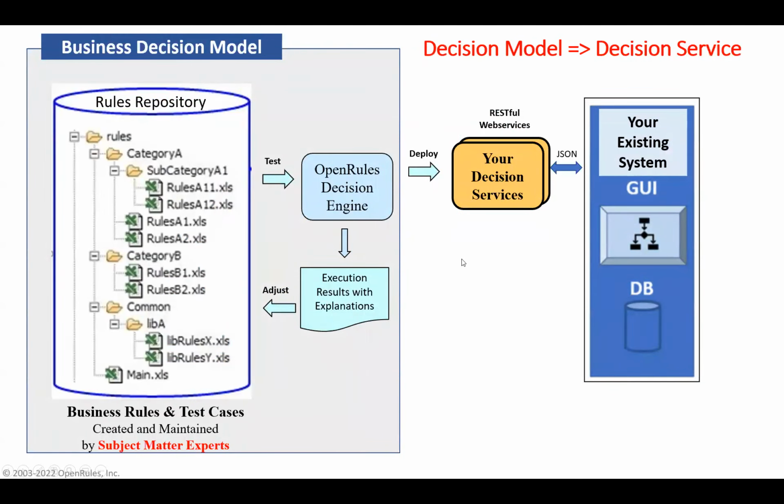And to do this, we're following an approach already commonly accepted in the international standard known as DMN, Decision Model and Notation. In this standard, people usually define a business decision model. And the word business is really important here, because these models are created and tested by subject matter experts, usually by business analysts.